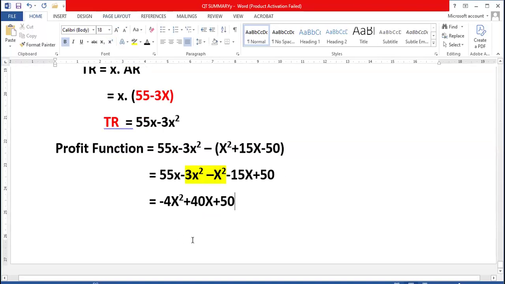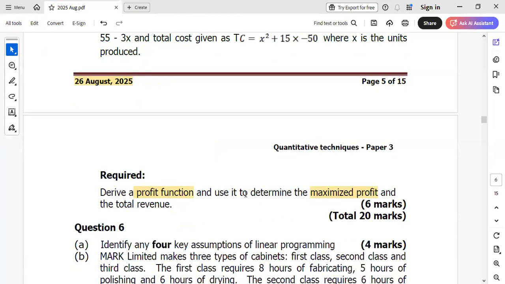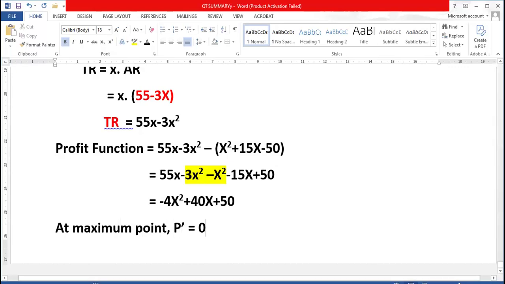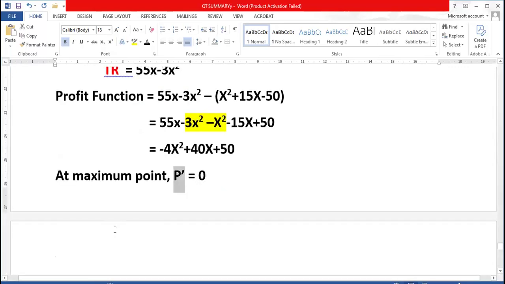But they are saying that you use the profit function to determine the maximized profit and total revenue. So what did we say? At maximum level or point, the first derivative of the profit will be equal to 0. So you need to differentiate.